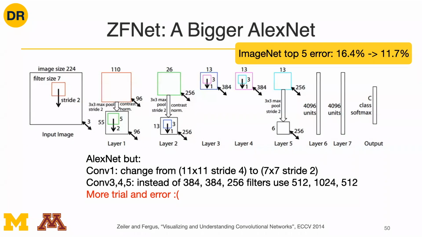But here we are just adding to the channel dimension of the data, yet we also decrease the filter size. Instead of 11 cross 11 with stride 4, you're having 7 cross 7 with stride 2, which increases the receptive field.